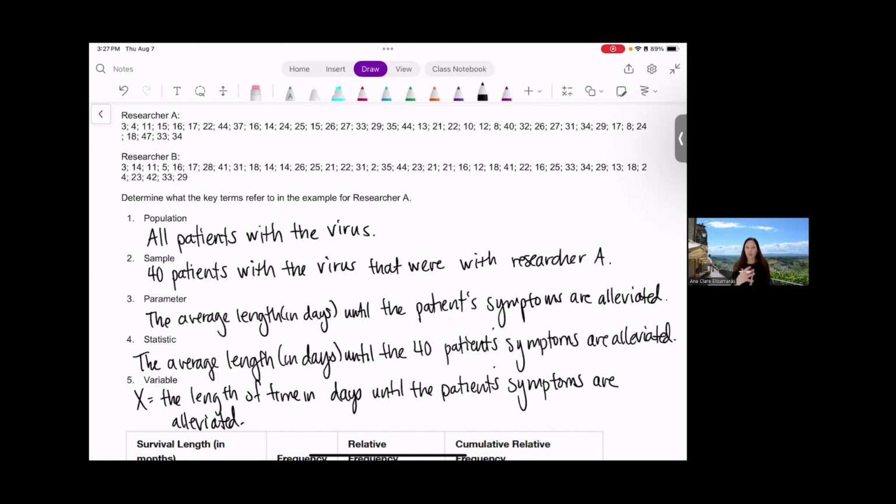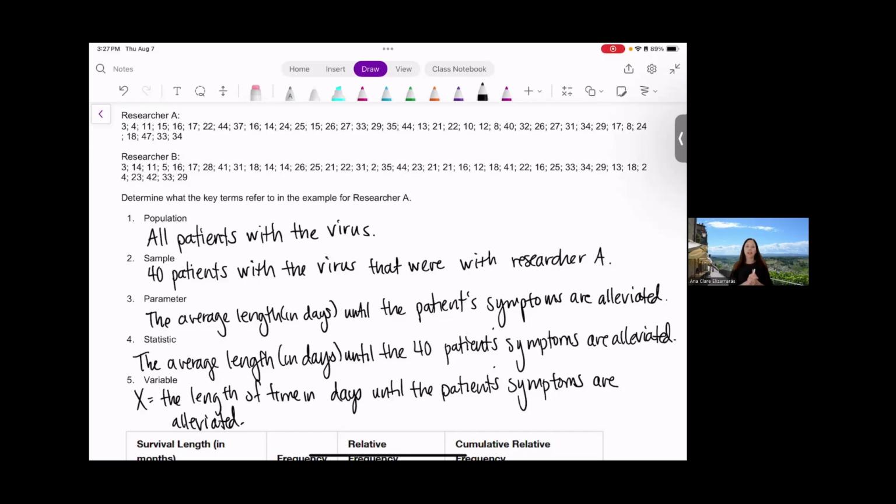We're talking about average length. The difference is parameter says the average length until the patient's symptoms are alleviated. Statistic refers to the sample of the 40 patients, and then the variable does not refer to average. So the parameter and the statistic are talking about the average of the groups, so the total average of the entire population of patient symptoms versus the smaller 40, and then the variable itself is the length of time. So there's a difference between each of these three.